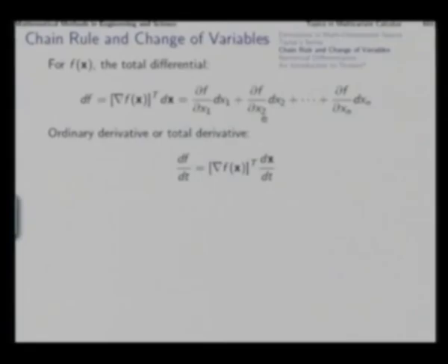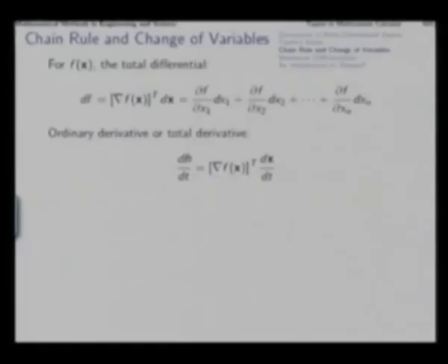Now, if we divide this whole thing by dt and then take the limit when dt tends to 0, in the sense that the variable vector x itself is a function of t, another parameter, then what we get as the total derivative df by dt, which is actually the ordinary differential coefficient of f with respect to t, turns out to be grad f transpose dx by dt.